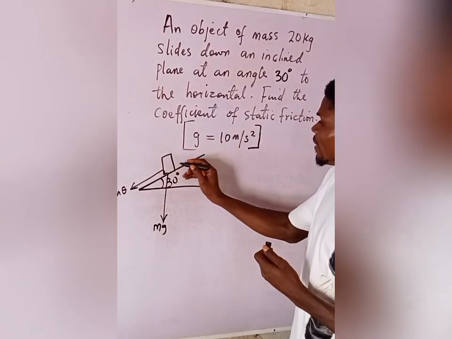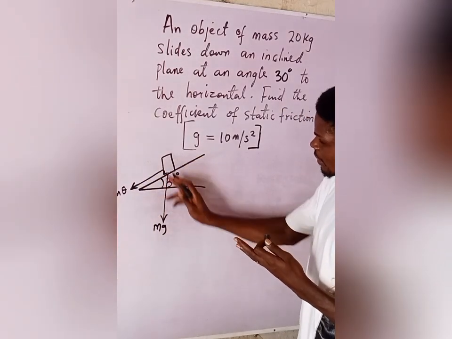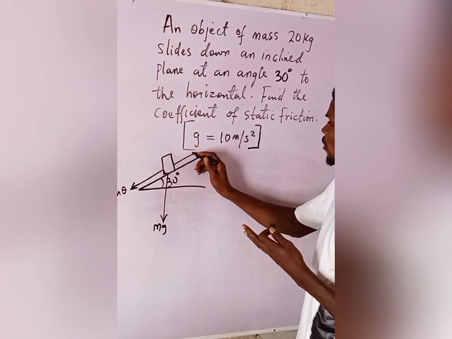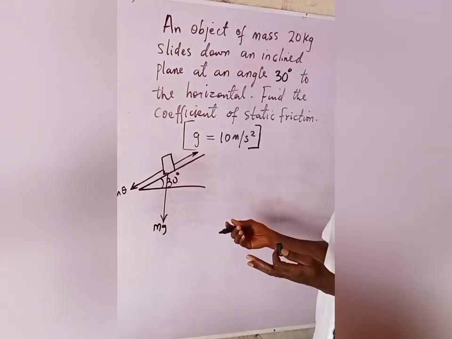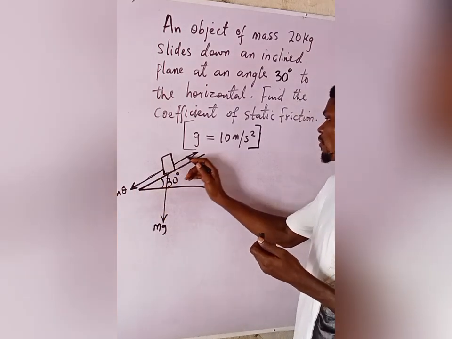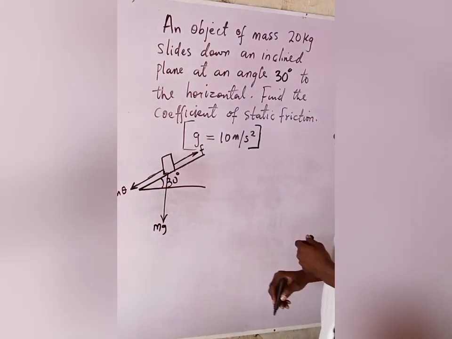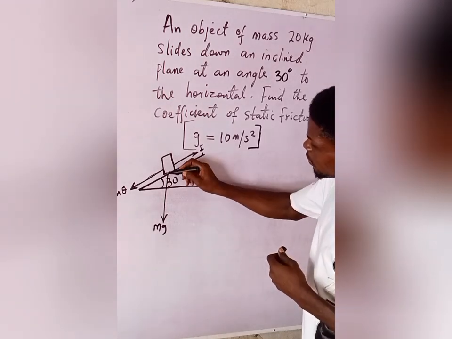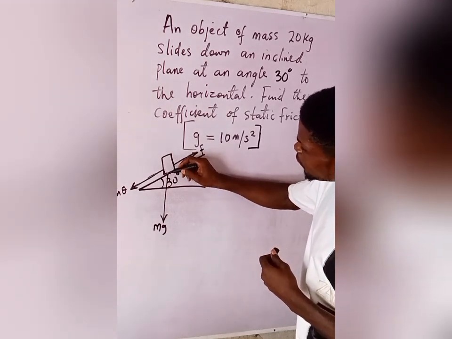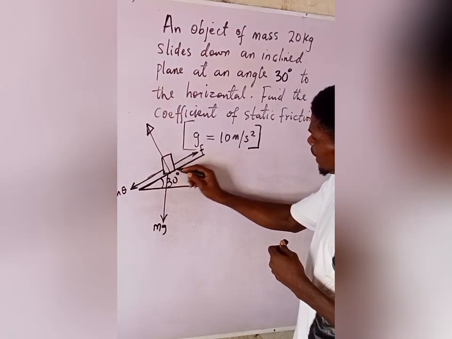All right. Then this force in this direction, which is a component of this weight along this plane, is also equal to this other force. Remember, action and reaction are equal and opposite. So the force acting towards this direction is equal to the force acting towards the other direction. So let's use F to represent this other force. Then from this point here, we have a force acting directly perpendicular to this plane.